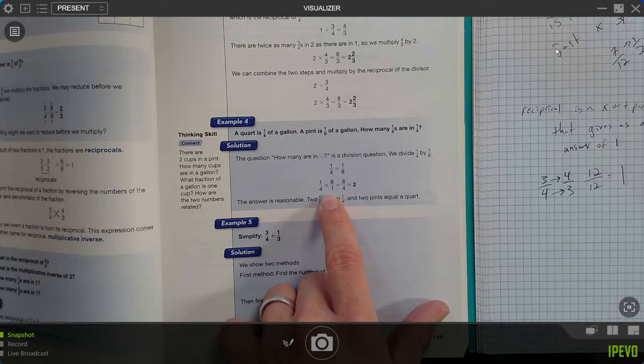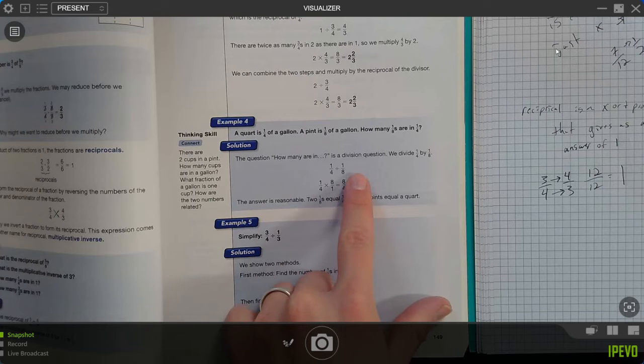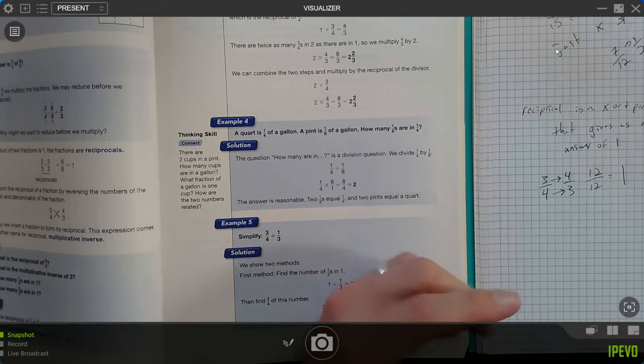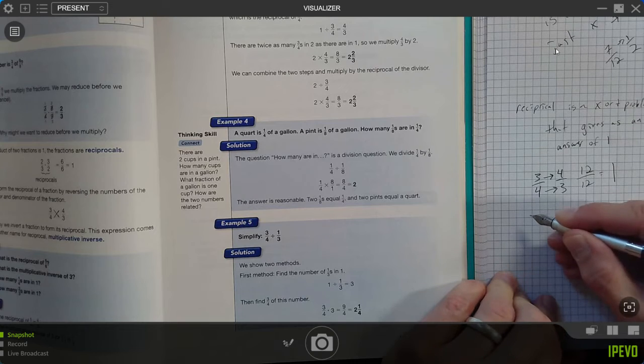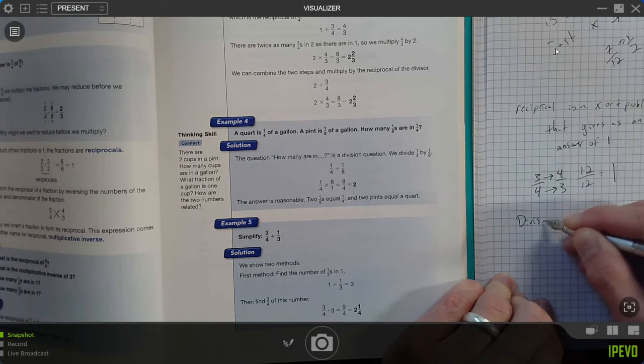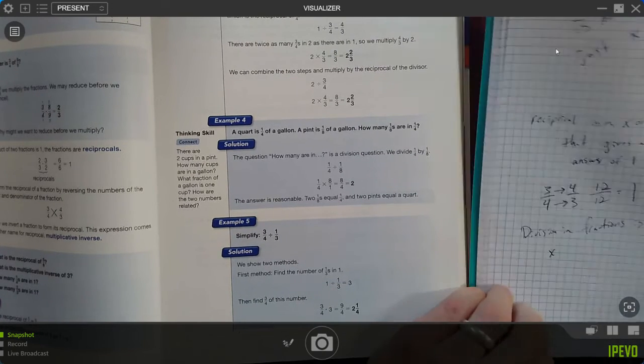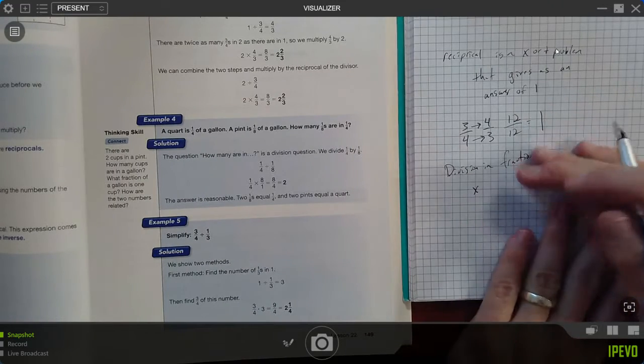So what they're doing here is they flip the divisor into its reciprocal, or into its multiplicative inverse, and then they multiply. Okay, so even division in fractions is still multiplication. Okay, division in fractions is multiplication.